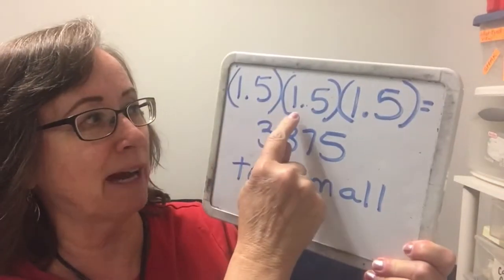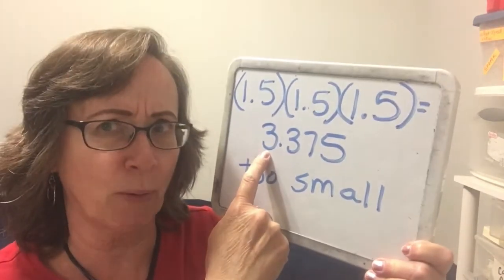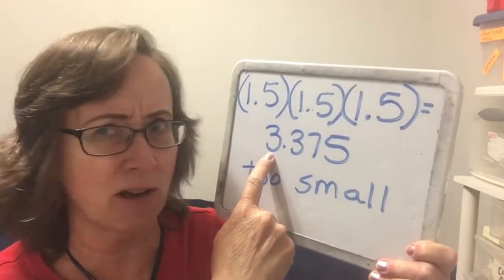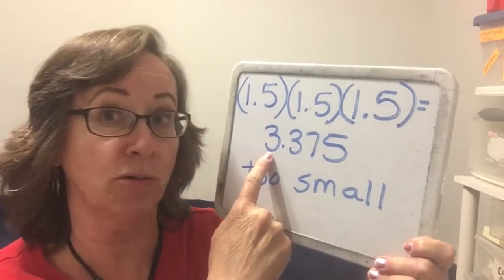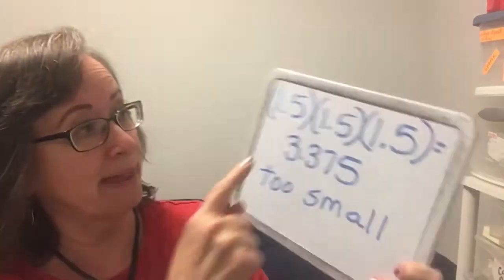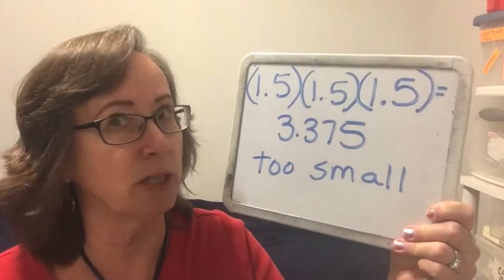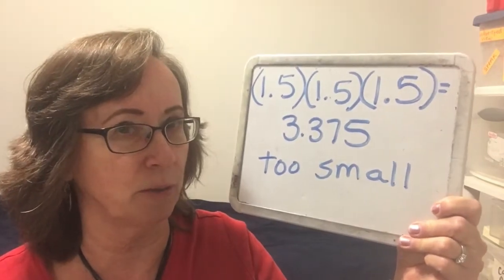When we try 1.5, we multiply 1.5 times 1.5 times 1.5, and we come up with 3.375, which is not equal to 5. It's too low, too small. So we try again. We know 2 is too high because 2 cubed is 8.